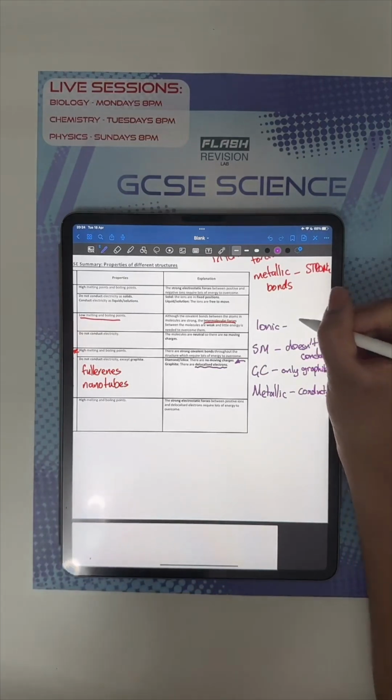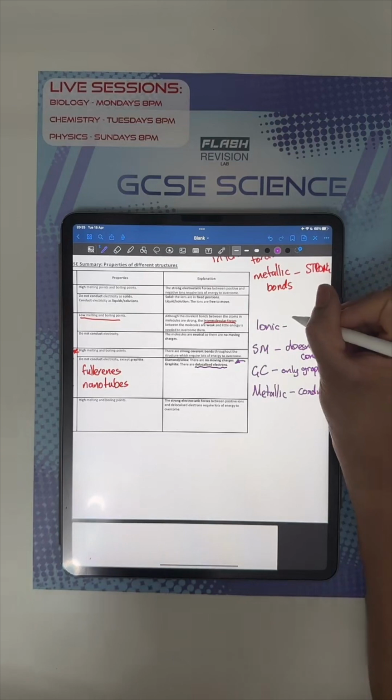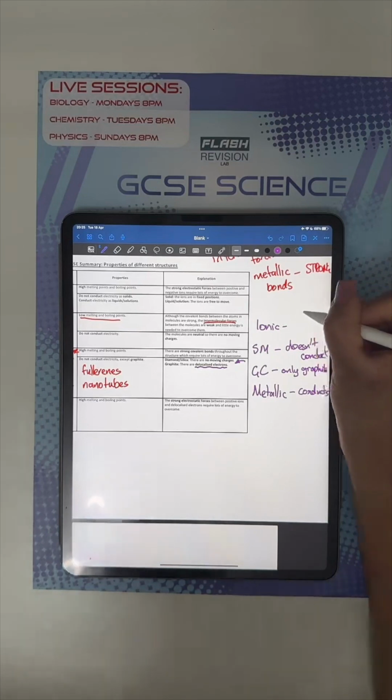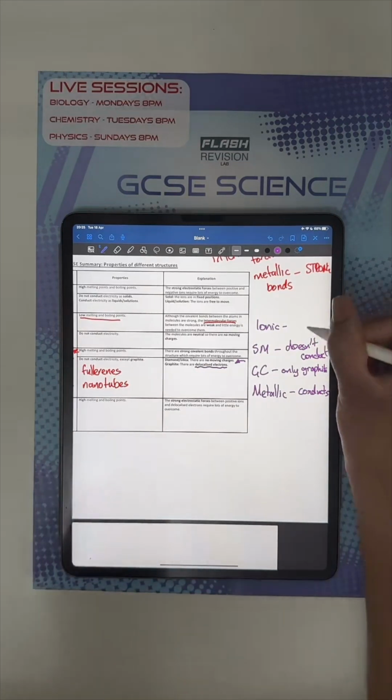Does anyone know when ionic compounds conduct? They don't always conduct electricity, they only conduct electricity at some times. Ionic conducts electricity when it's molten. Good. It can either be molten or aqueous. Yes, so molten means it's melted to liquid, and aqueous means it's dissolved in water.